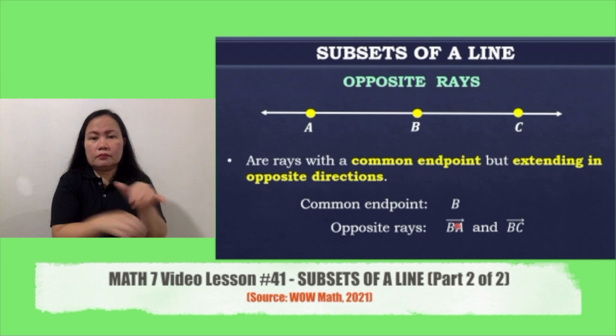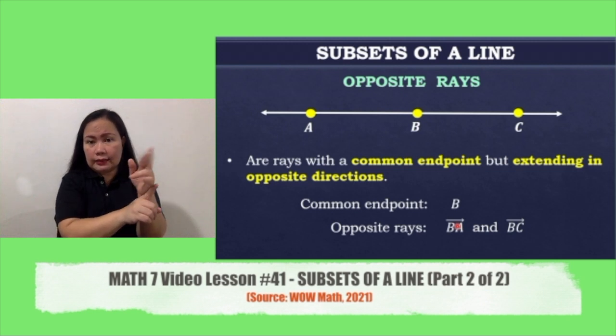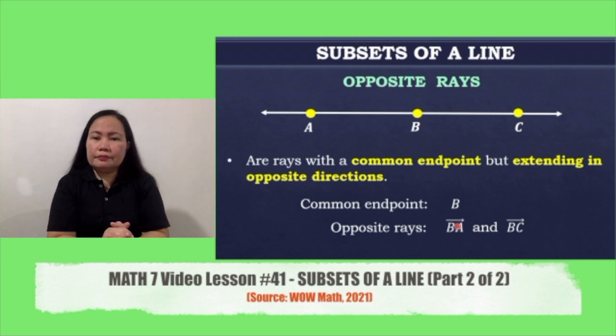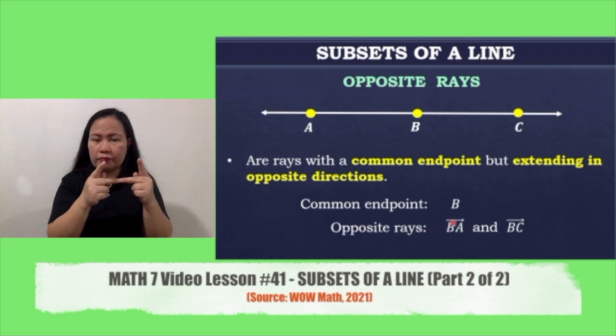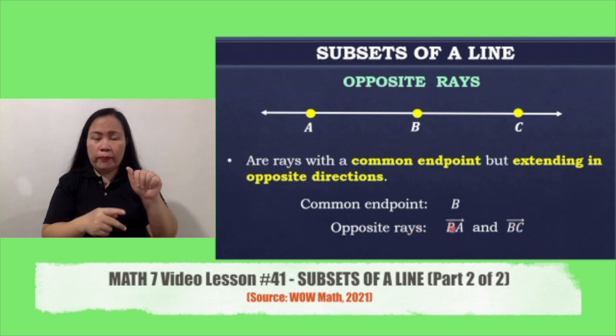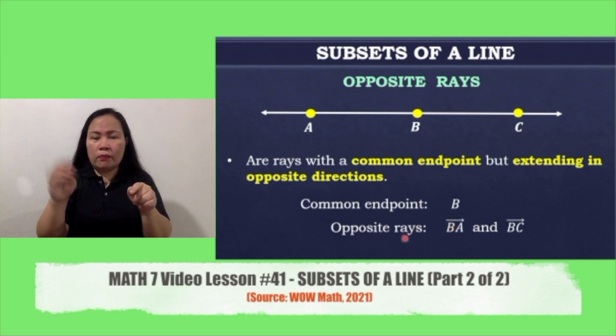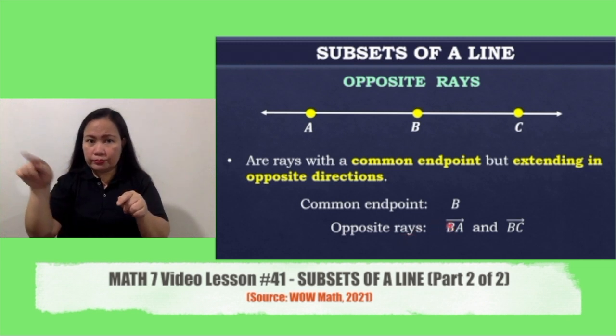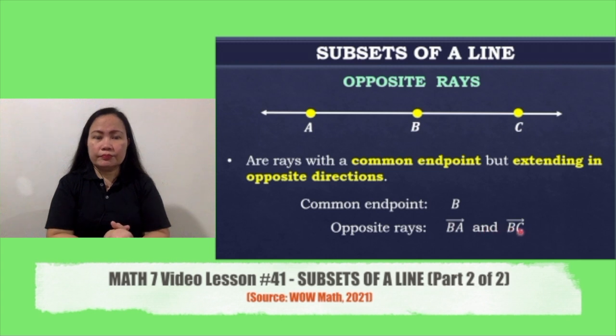Kasi nga po opposite sila. Kasi nga po ray sila. So, ang ginagamit pa rin nating symbol dyan ay sa ray. Okay? So, pag sinabi nating opposite rays, lagi yan pair. Hindi tayo pwedeng sasagot ng opposite rays na isa lang. So, lagi yan pair. Kaya nga po tinawag na opposite rays. So, ray BA and ray BC.